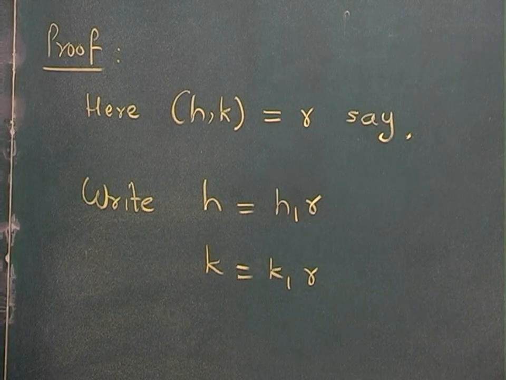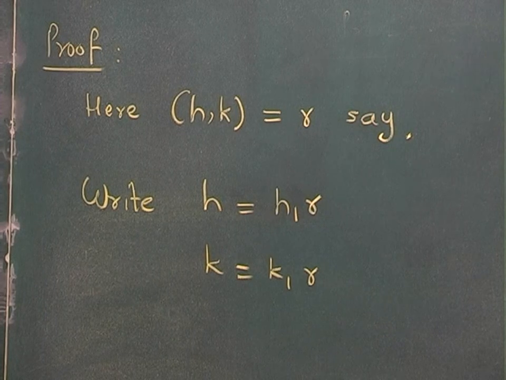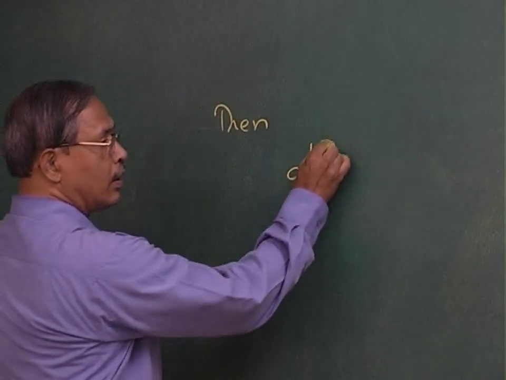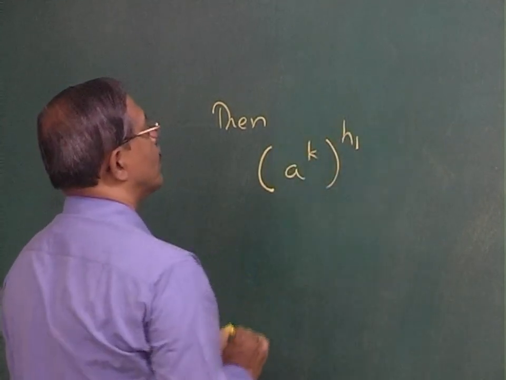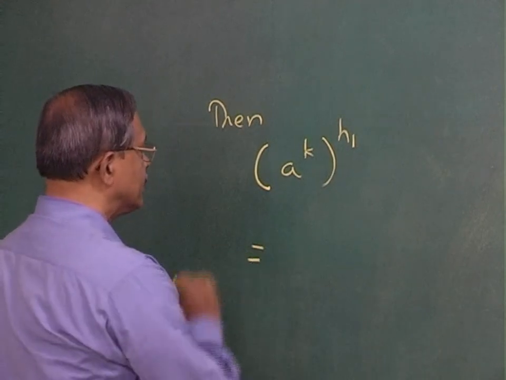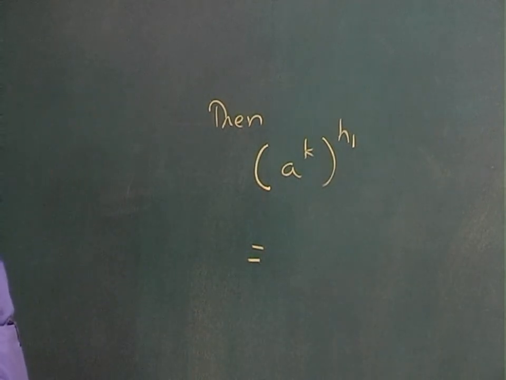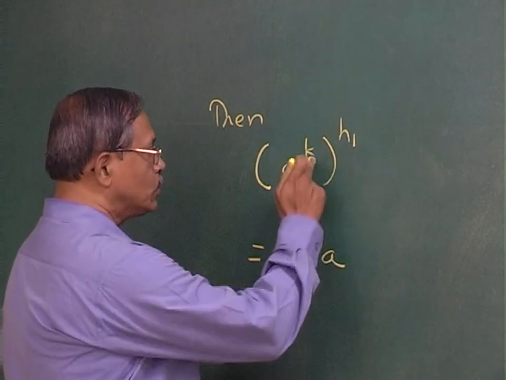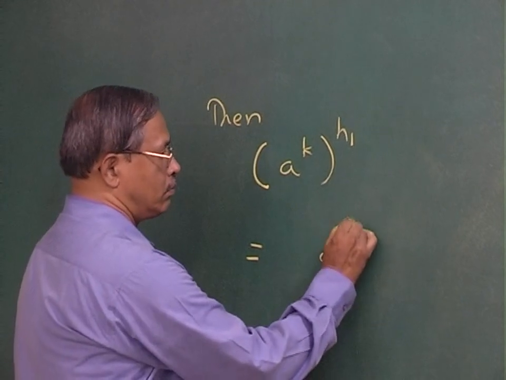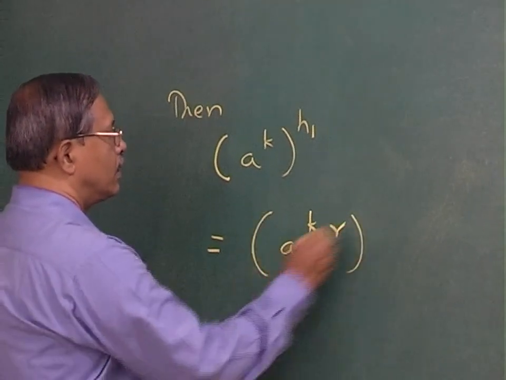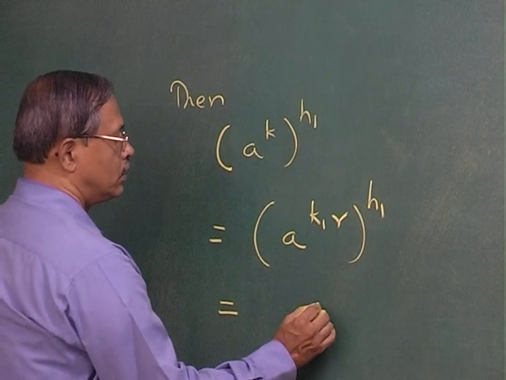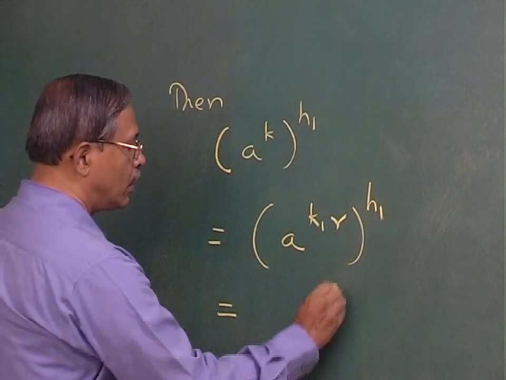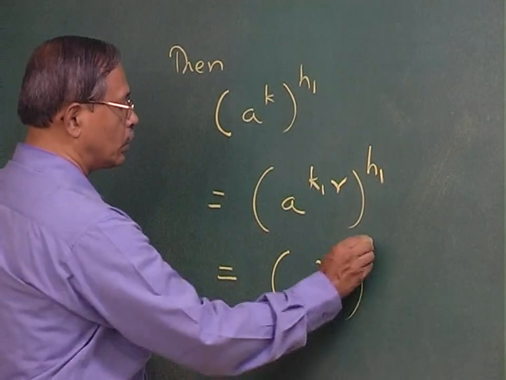So what is a raised to k raised to h1? This is a raised to k1 times r, raised to h1, which is a raised to r h1, raised to k1.